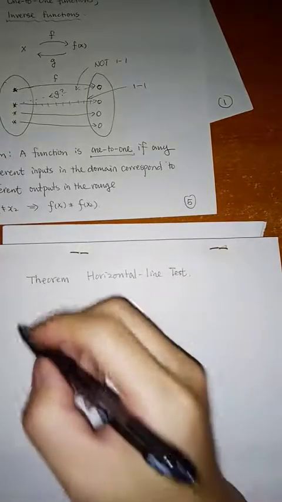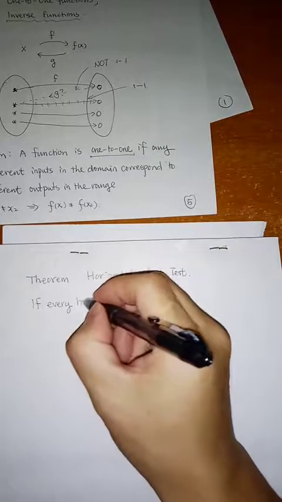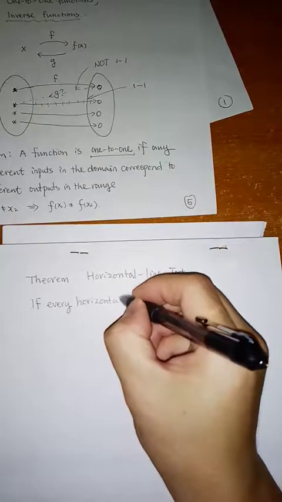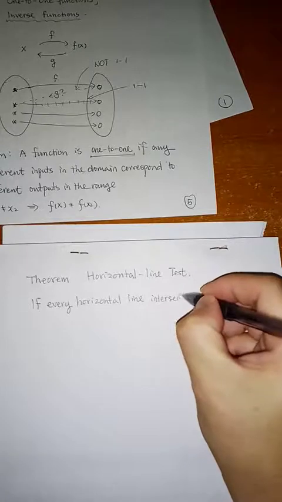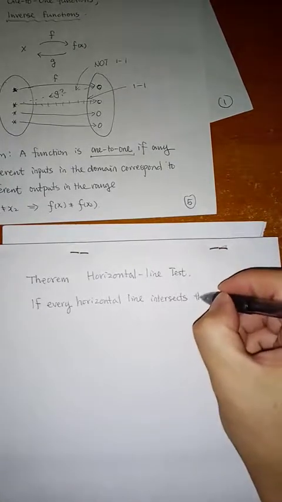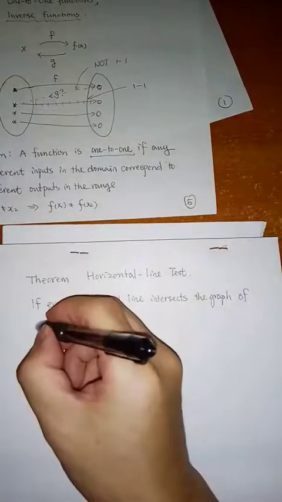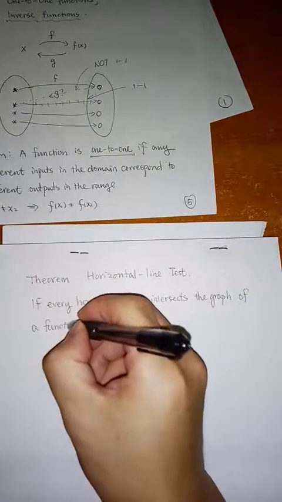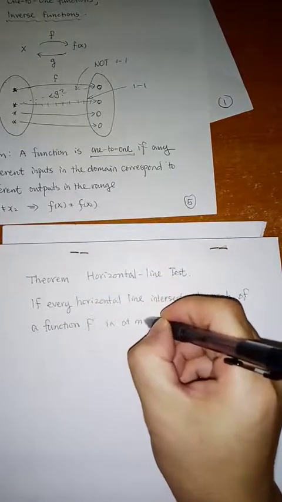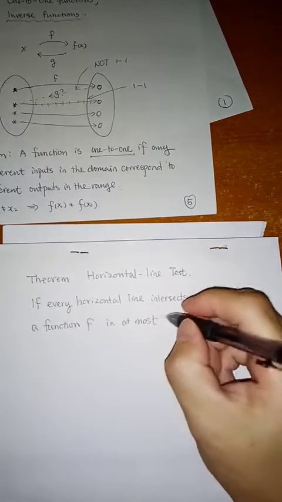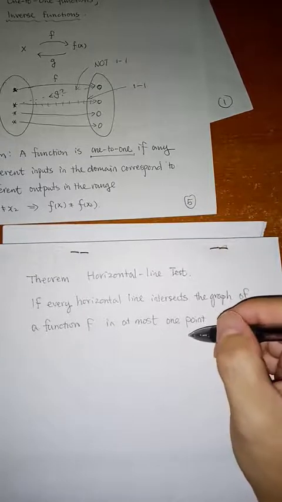The horizontal line test says if every horizontal line intersects the graph of a function f in at most one point, it may or may not intersect the graph.